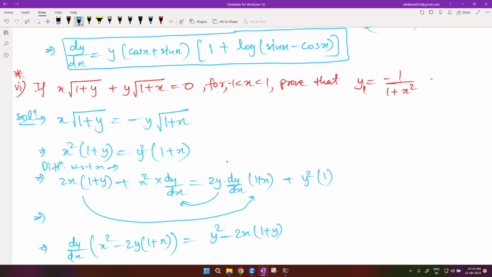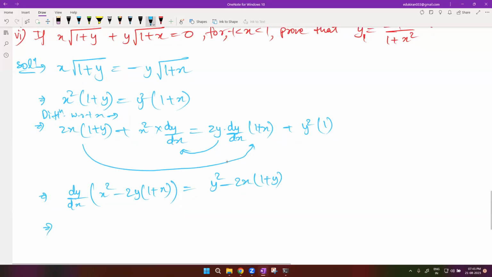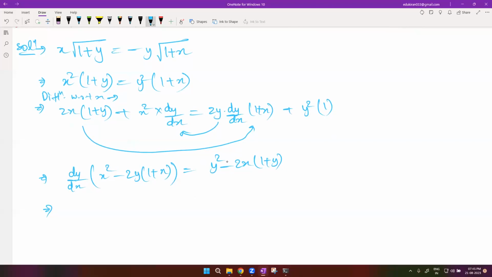Everybody done till this point? We have just applied product rules on both sides, left hand side and right hand side. So dy by dx is basically y square minus 2x into 1 plus y, divided by x square minus 2y into 1 plus x.